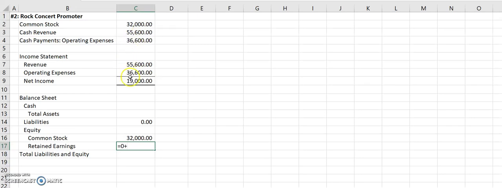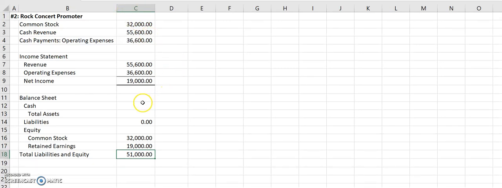They generated $19,000 in net income. So the retained earnings that it's going to end with is also $19,000, the same as the net income. So then the total liabilities and stockholders' equity is the sum of those three parts, or $51,000. I know that they have no other assets, so cash then has to be $51,000.